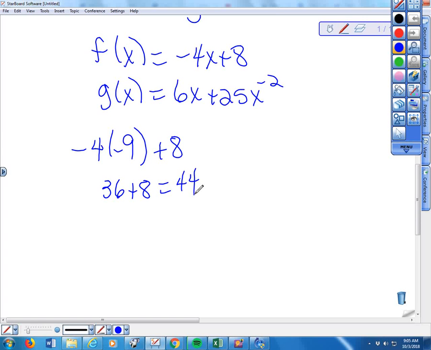Okay, consider the function f of x equals the absolute value of x minus 2.